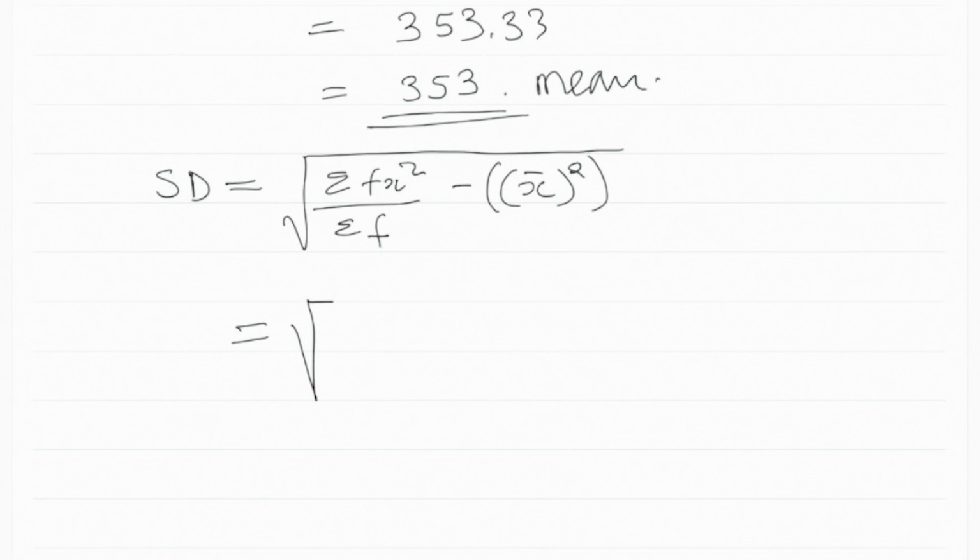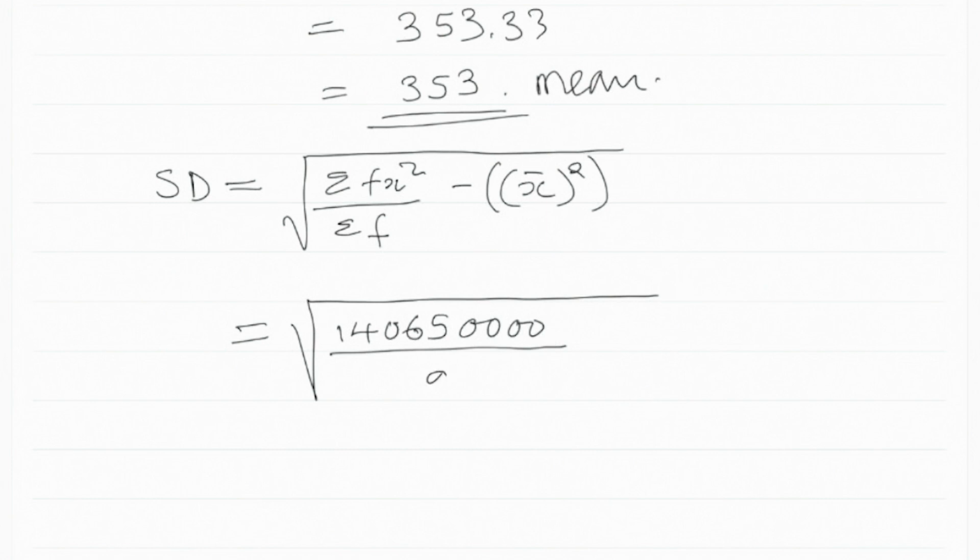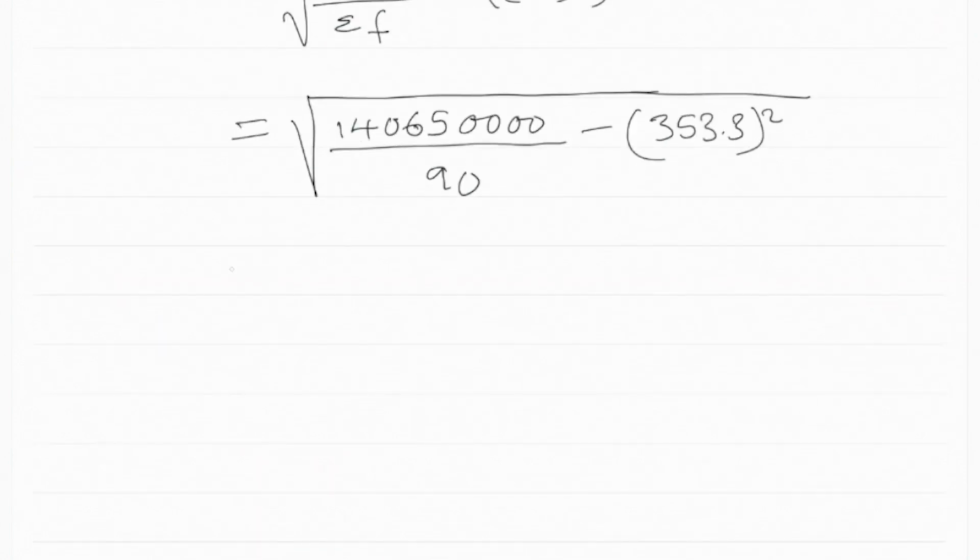Then from there, it's just a matter of replacing the summation of fx squared. You have 14065 from the frequency distribution table there, 000, everything over 90, and then minus the mean, which is 353.3, squared. Okay, so when you look at this, you now simplify what is in the brackets.